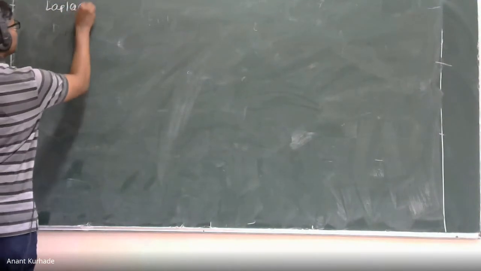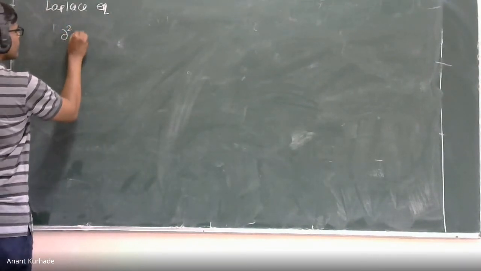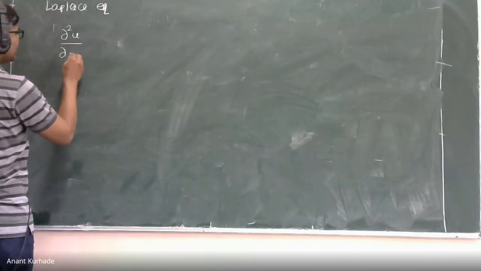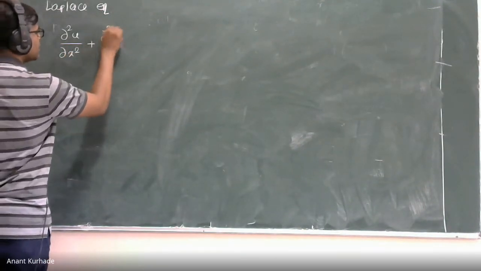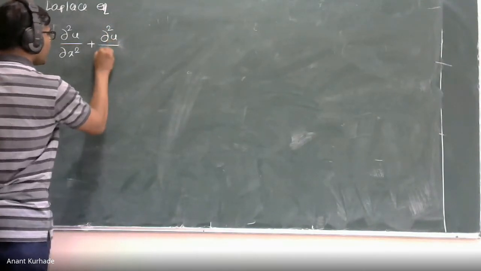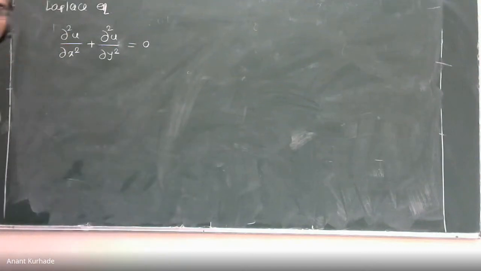Laplace equation is given by del square u, or you can say, partial square u upon partial x square plus partial square u upon partial y square is equal to 0.